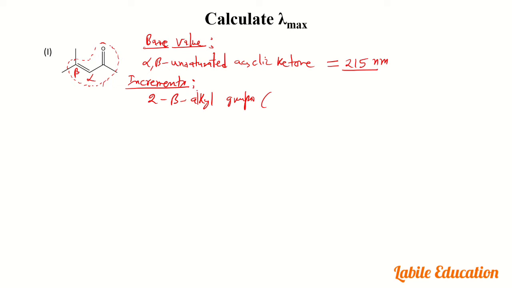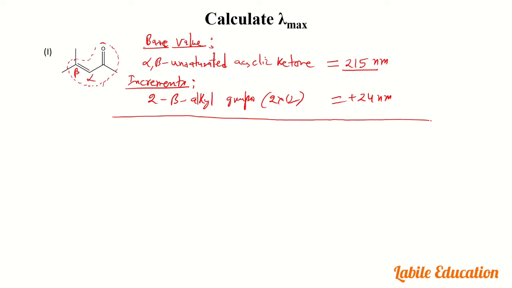One alkyl group at the beta position contributes 12 nanometer, so double the value of 12 will be 24. So this will contribute plus 24 nanometer. Is there anything else? There is nothing else. No extra double bond, no case of exocyclic double bond, because this is not cyclic.